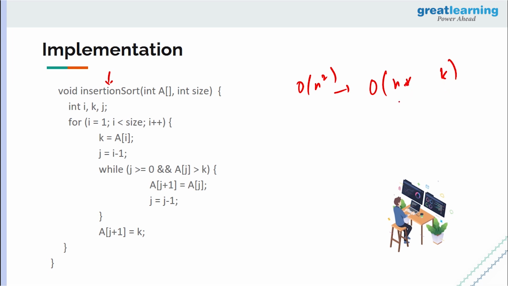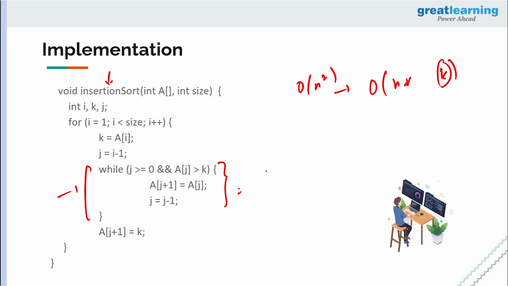So the internal loop, that is this loop, will work a maximum of k times. So that many times this internal while loop will work.